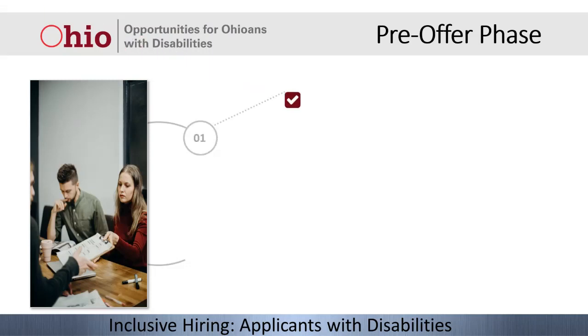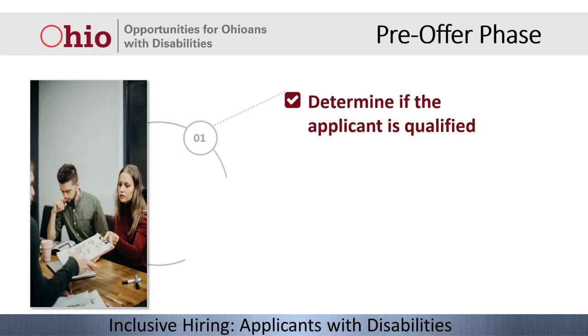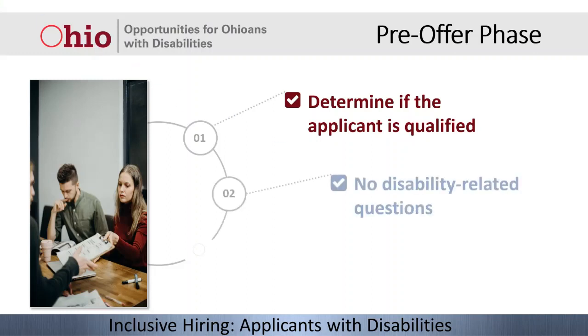First, you are permitted to obtain the information needed to determine if an applicant is qualified. You can do this by asking job-related questions, using non-medical tests, and obtaining medical information. What's important to remember is this. Before making a job offer, it is not permissible to ask disability-related questions or require medical exams.